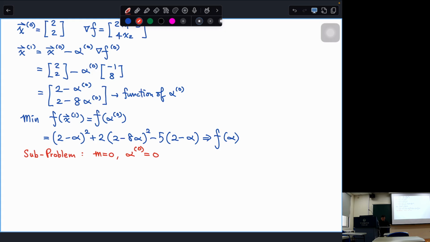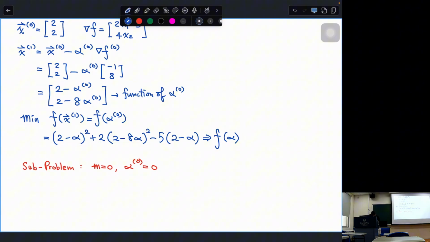So 2 minus alpha squared plus 2 times 2 minus 8 alpha squared minus 5 times 2 minus alpha. Okay, MATLAB solved it for me. I didn't show you on the screen, sorry.